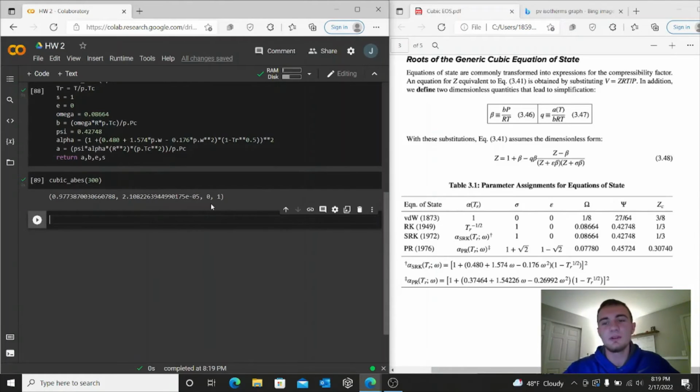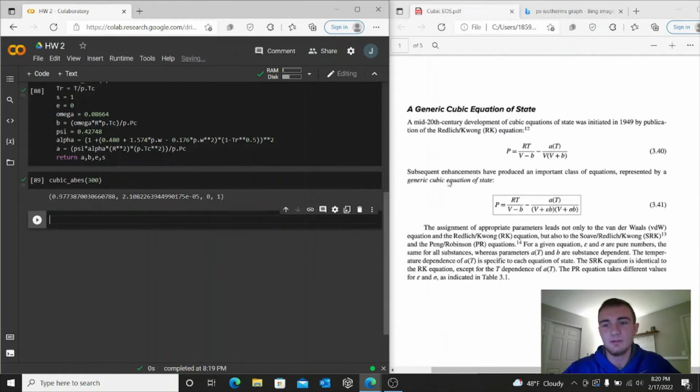Now, since we have our parameters, we can calculate this general cubic equation of state with the SRK parameters, obviously, and solve it for pressure. So what we'll do here is define a function that will return our equation. We'll do something like cubic pressure.